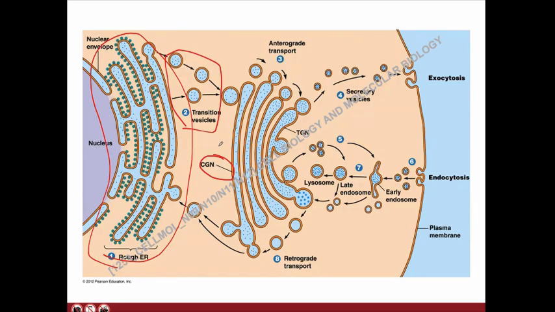Okay? And then these lipids and proteins, di ba, meron tayong two modes of movement, di ba? Anterograde at retrograde. For CGN to TGN, it will move in an anterograde process, di ba? Because it carries anything that is from your transition vesicles arriving in the CGN, it goes to TGN through the anterograde process, no, or transport.